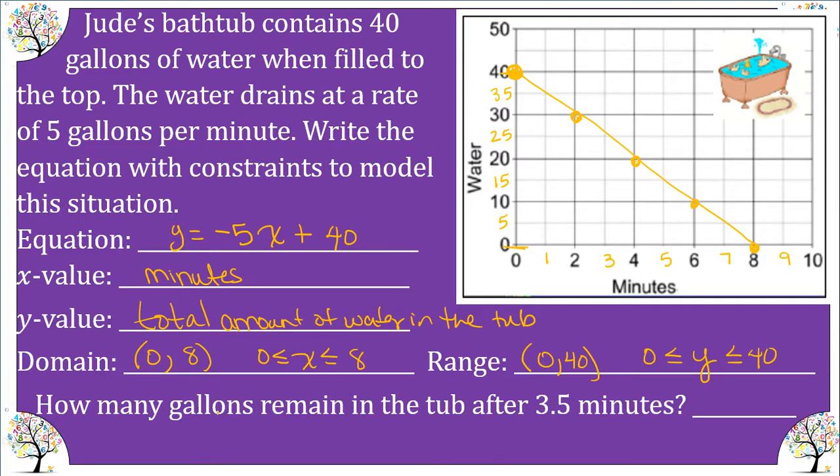It says how many gallons remain after 3.5 minutes. So let's plug this in. Negative 5 times 3.5 plus 40. Let's use our calculator.